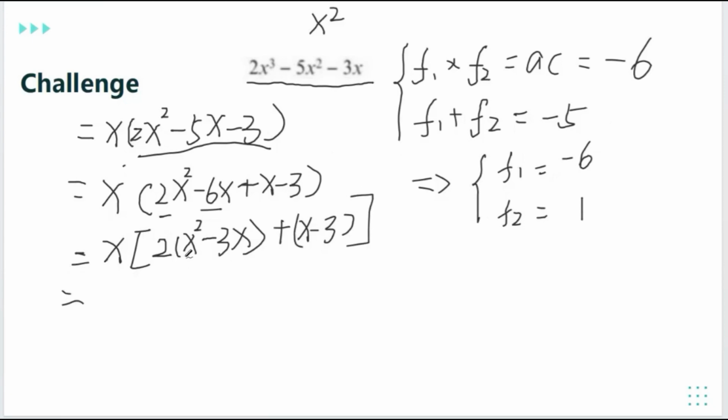So x is a common factor, in the square brackets: 2x times x minus 3 plus x minus 3.